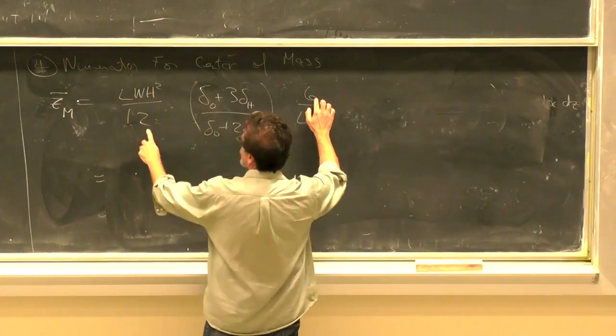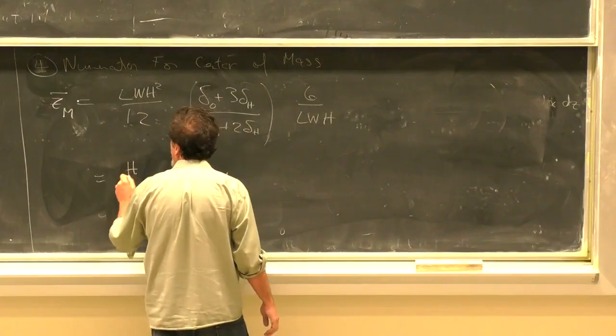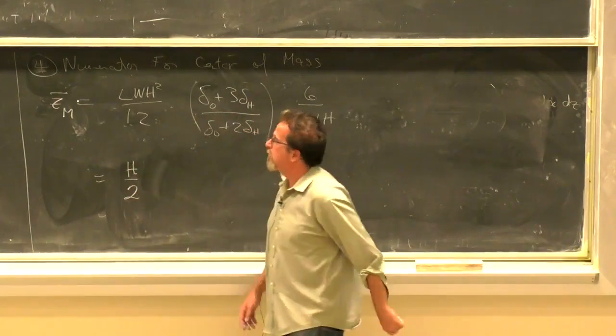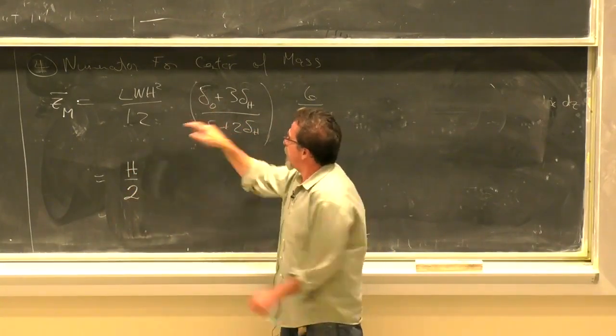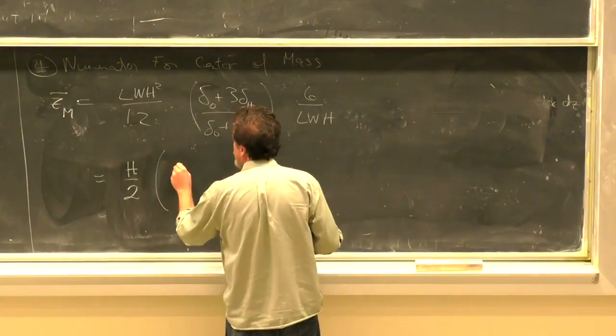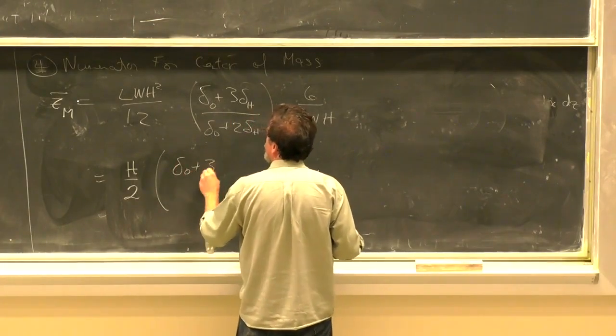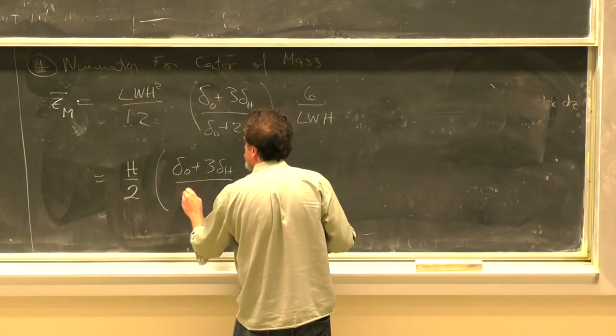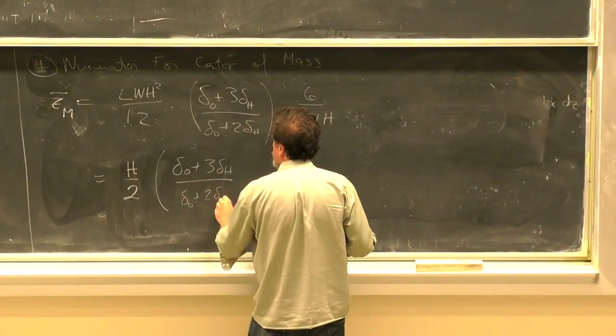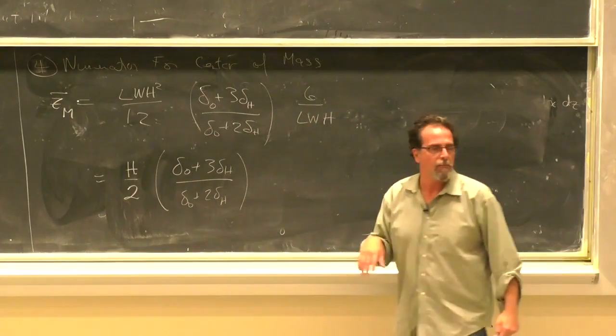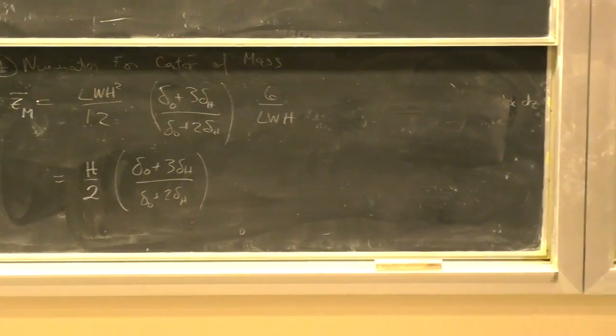And then I'm going to have a 6 over 12, which is a half. So this is going to be h over 2. You're going to get an h divided by 2 times this thing, delta 0 plus 3 delta h over delta 0 plus 2 delta h. Okay?